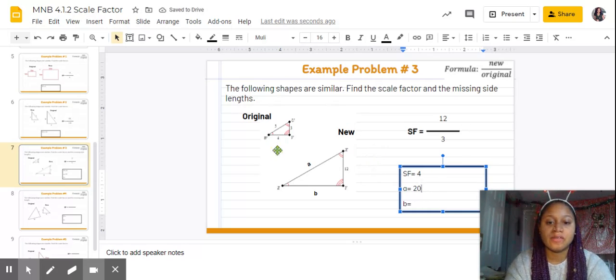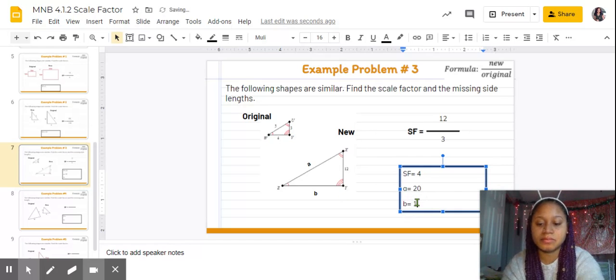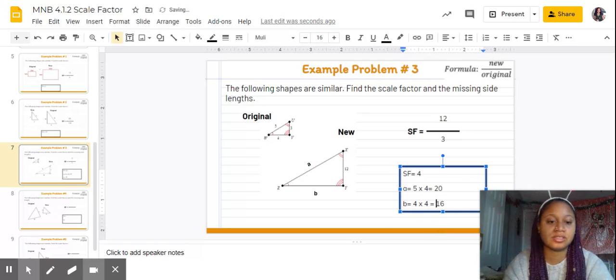Same thing for B. The corresponding side is 4, so 4 times scale factor 4 is equal to 16. So we just did 5 times 4, got 20, and then 4 times 4 and got 16.